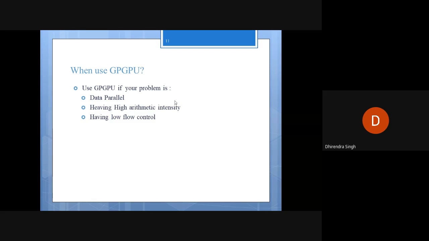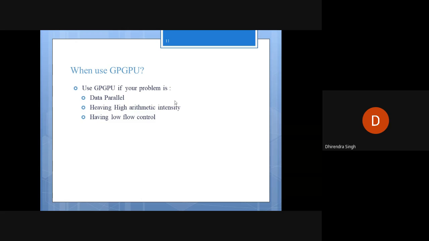They are going to do nothing. After those 10 threads complete the if part, the next instruction will be executed by all the threads at the same time. So ultimately, if your program has higher flow control, your performance will be reduced. That job is not good for GPU computing.